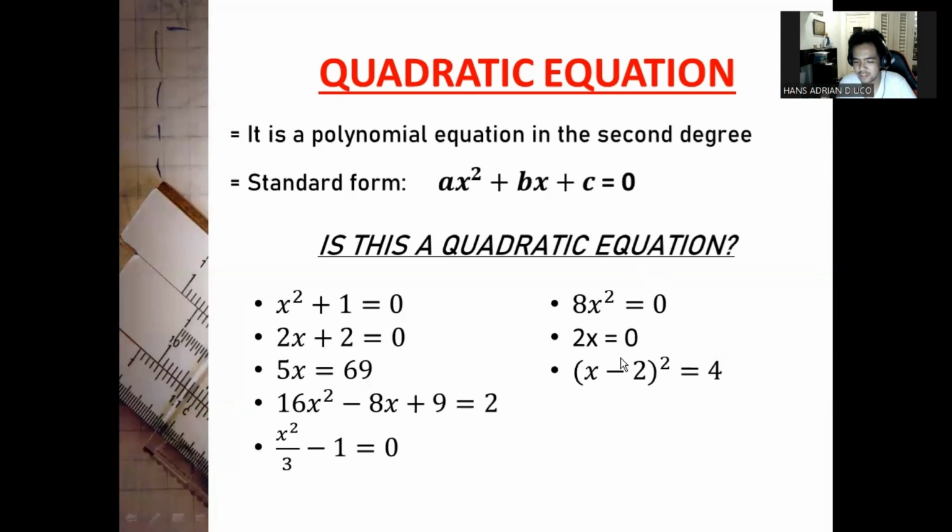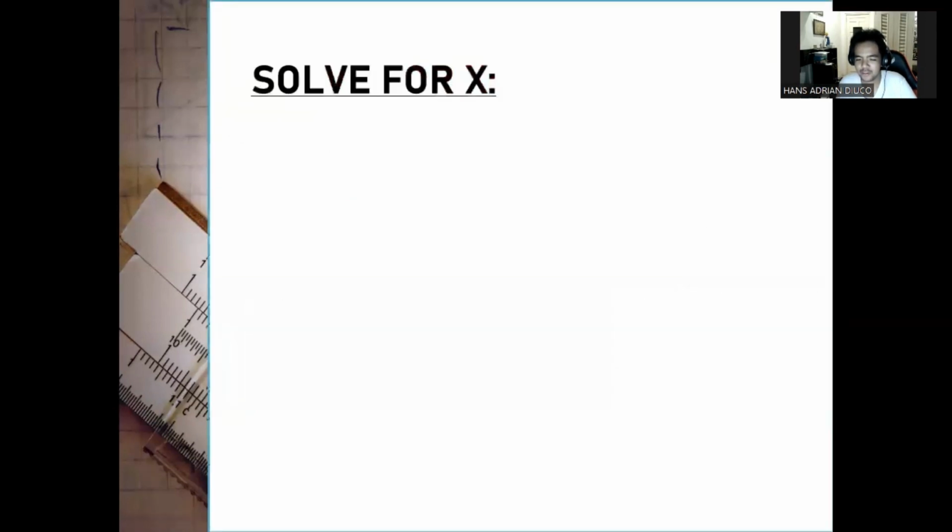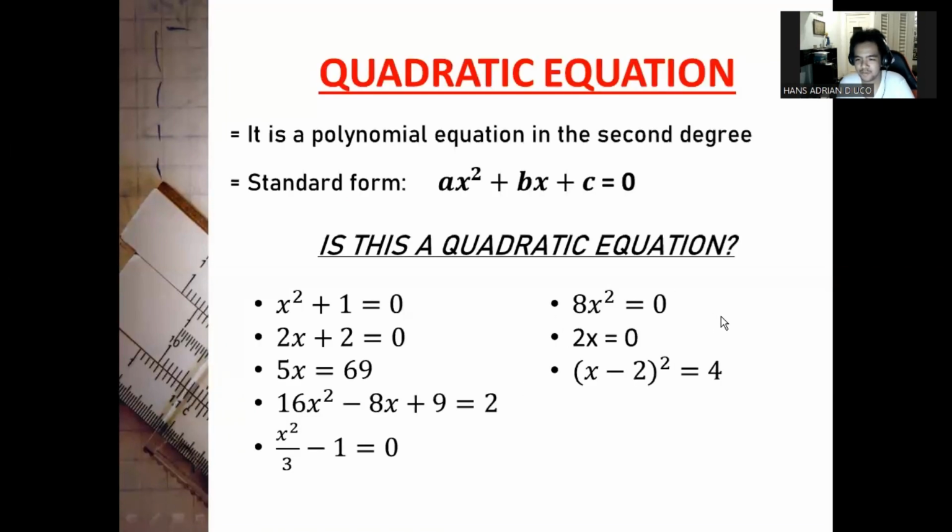Yes, the answer is yes. Because what's another term for x minus 2 squared? It's x squared minus 4x plus 4 equals 4. There's an x squared, so that's what makes it a quadratic equation. So, are you doing good so far?